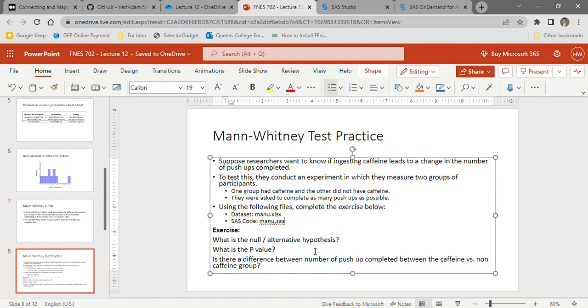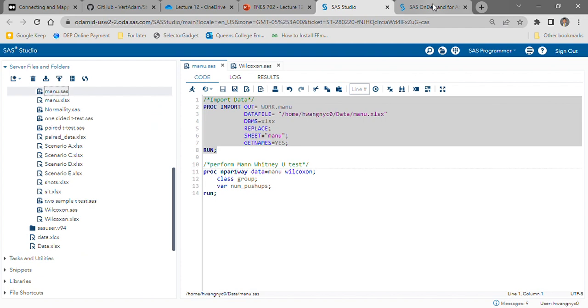We want to know what is the null and alternative hypothesis, what is the p-value, interpret it, and is there a difference between the number of push-ups completed between the caffeine group versus the non-caffeinated group. Okay?